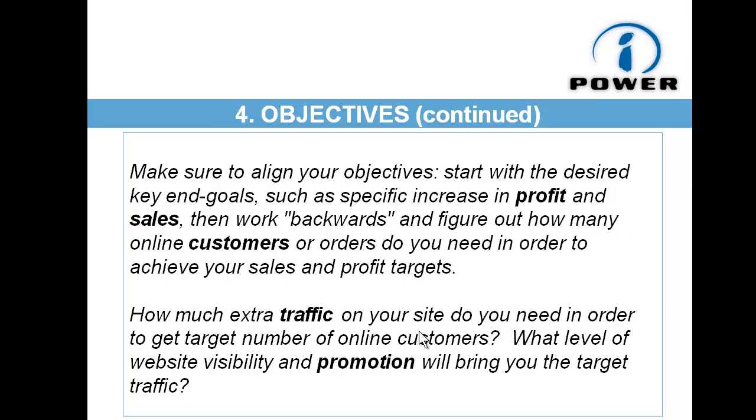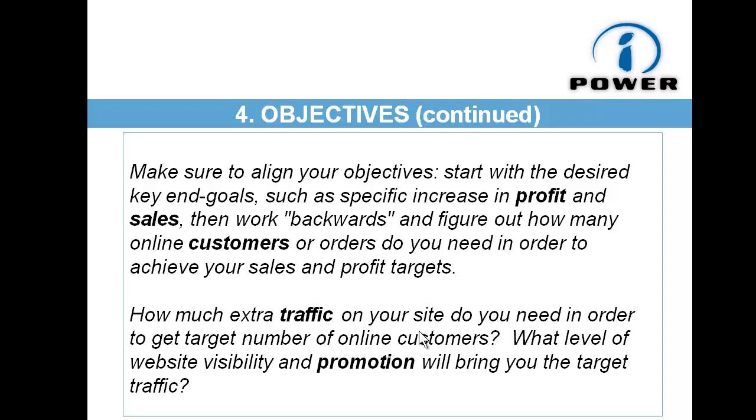It's very important, however, to align your objectives, or to cascade your objectives, so that they're all related. Start with the desired key end goal, such as a specific increase in profit and sales, and then work backwards and figure out how many customers and orders you need in order to achieve your sales and profit.